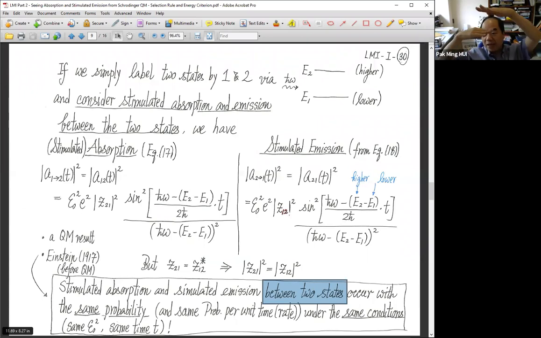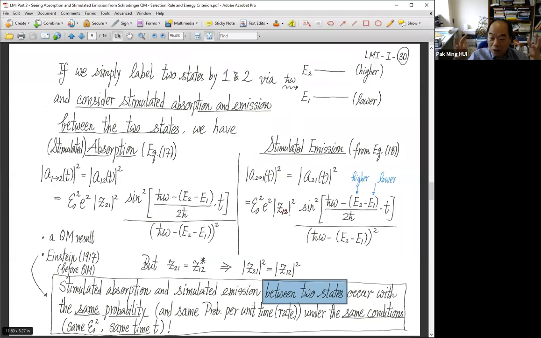So that is to say, you have two levels, h bar omega is right, then you will have absorption, emission, and they occur with equal probability. If atom is there, the probability going up equals if atom is there, the probability coming down. Okay, now that is highly non-trivial, but we work it out.